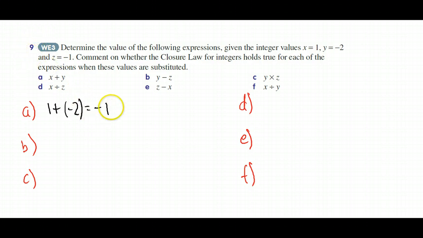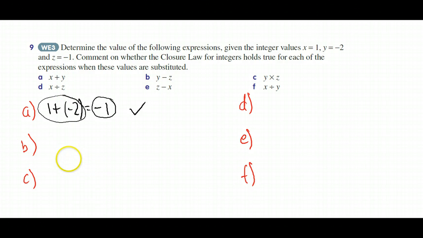So all we're trying to determine is, is negative 1 an integer like our values that we used at the beginning were. 1 and negative 2 are integers. So negative 1 is an integer, so yes, the closure law holds. We can say yes, the closure law holds for this situation.